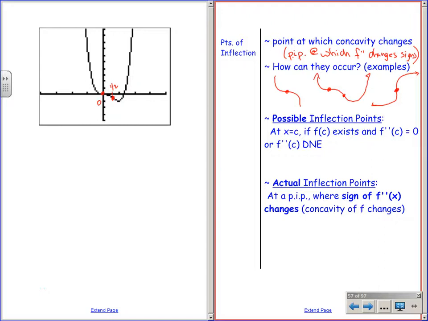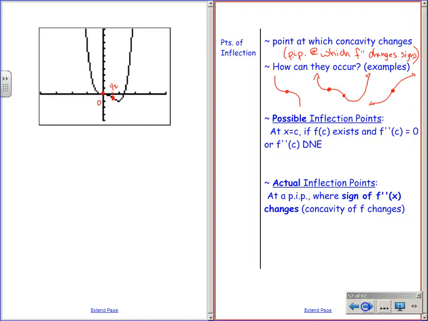Now, this would be a DNE, this would be a critical number. What if I make it a critical number-ish? There's nothing special about that slope besides the fact that the slope changes from getting higher to getting lower.